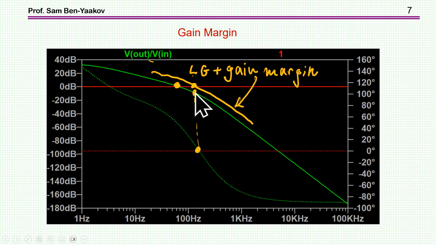So this actually tells us the distance from instability in terms of gain, not in terms of phase like in the phase margin, but in terms of gain.